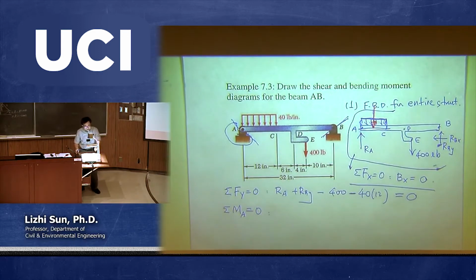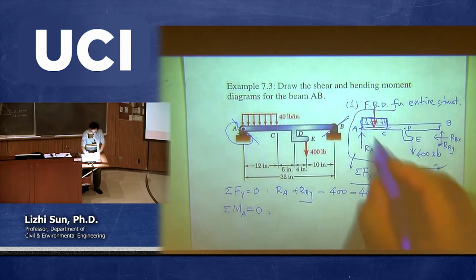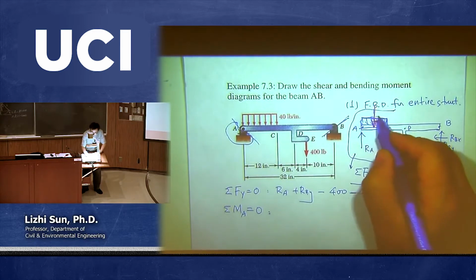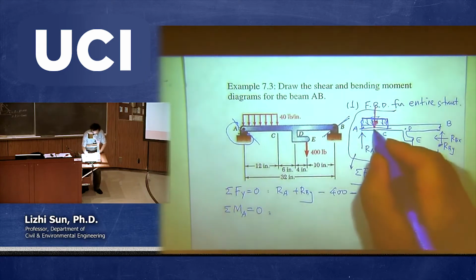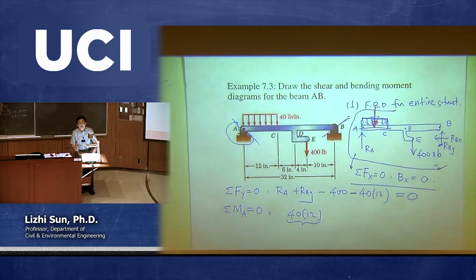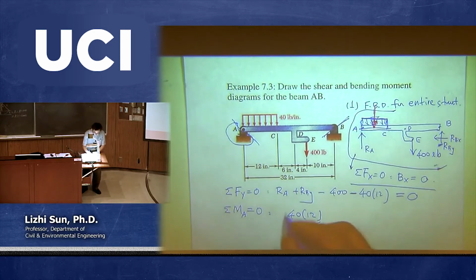Now we are going to calculate the moment due to all forces. So number one, we have the equivalent concentrated load acting at a center between A and C, and the magnitude is 40 times 12. So this together is the magnitude of this concentrated load. Then this magnitude need to multiply with the shorter distance.